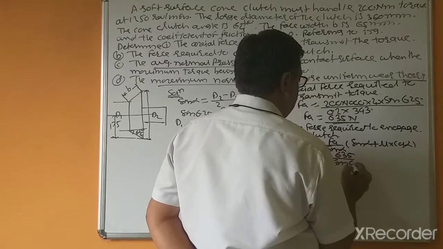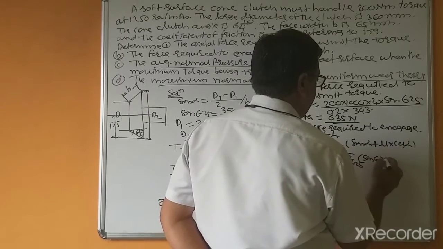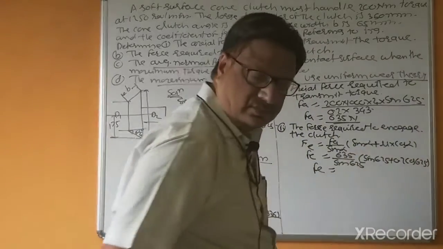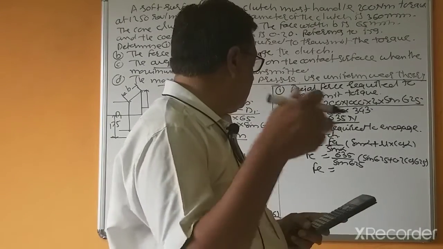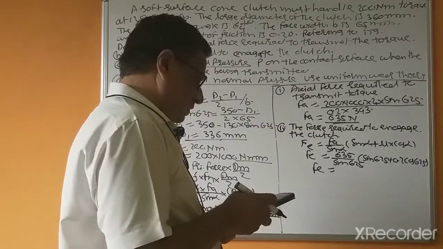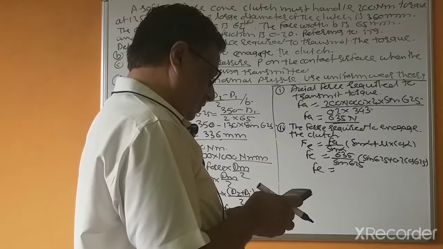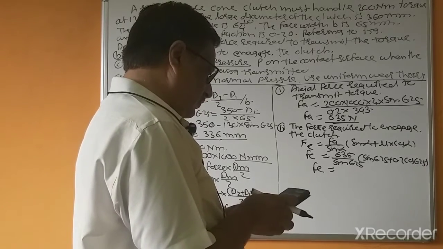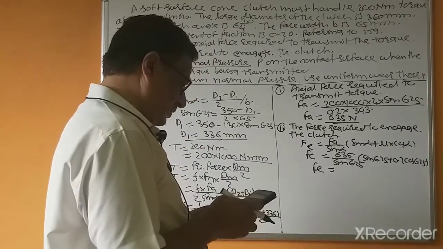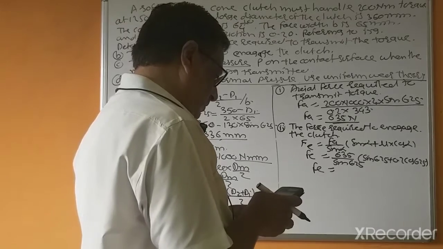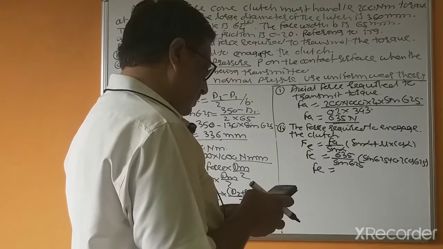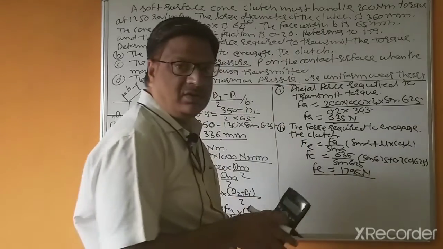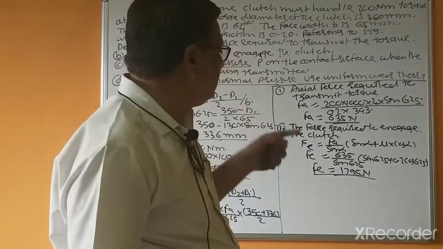So this is the total force required to engage the clutch during the running conditions: cos 6.25 into 0.2 plus sine 6.25, divided by sine 6.25, multiplied by 635. This is equal to 1795 Newton.